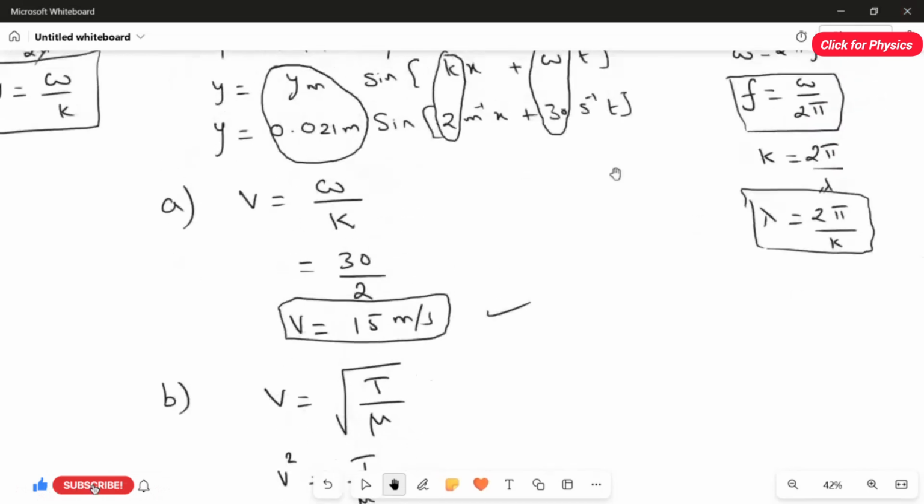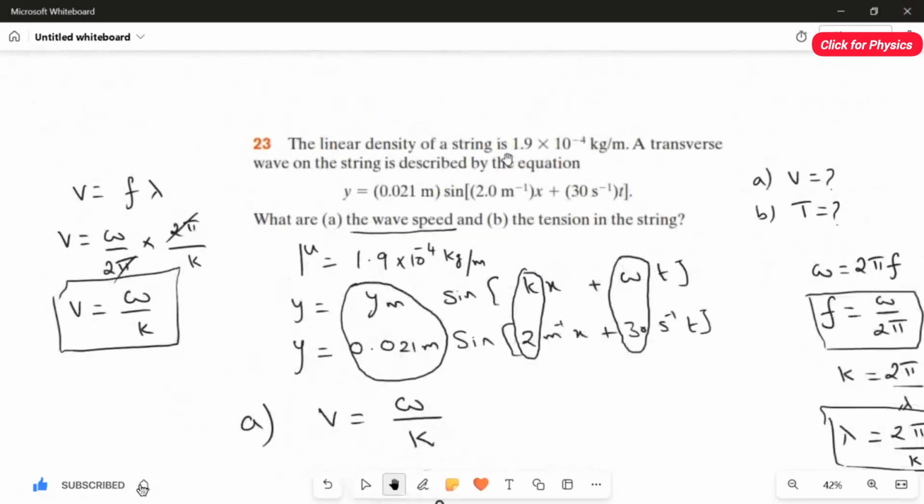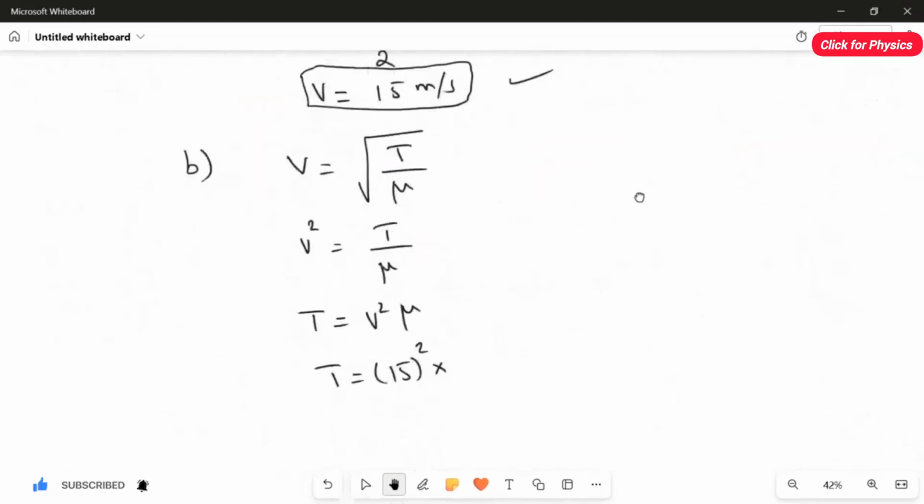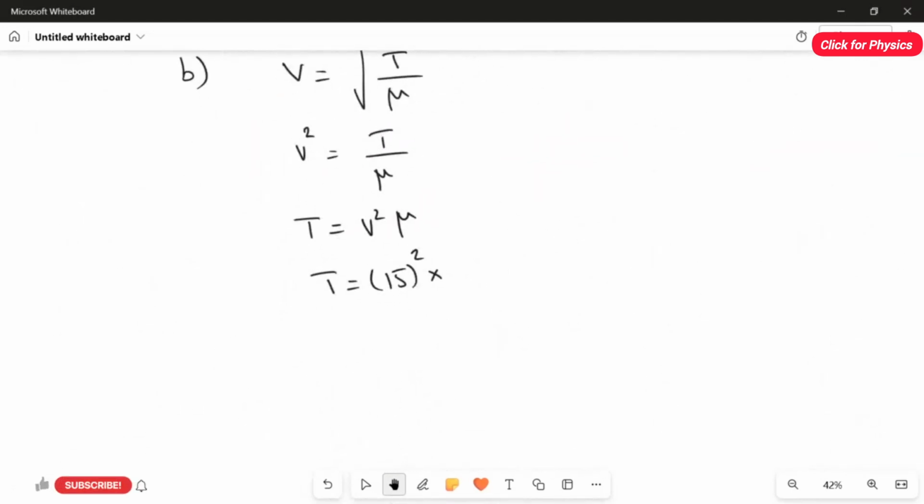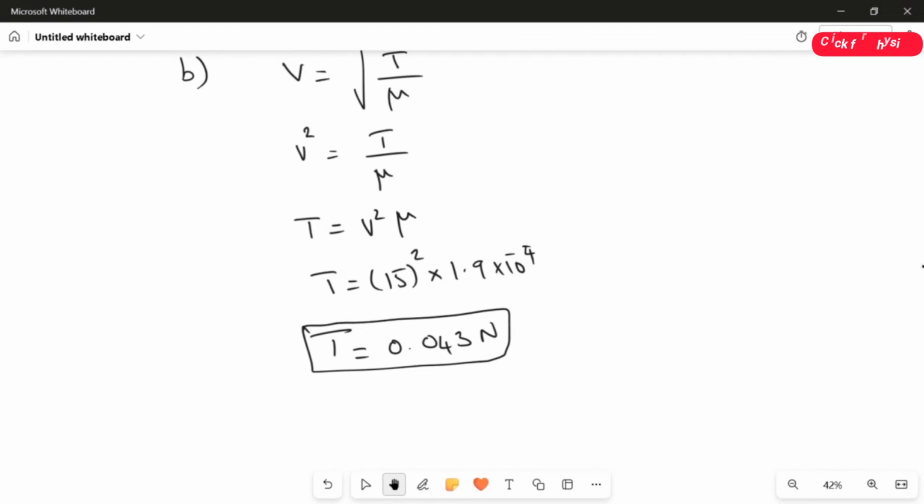Going back to the question, the linear density is 1.9 × 10^-4. I substitute that here. When I multiply 15 square with 1.9 × 10^-4, we get the answer for part B as T = 0.043 Newton. So this is the answer for part B. That's it. Thank you.